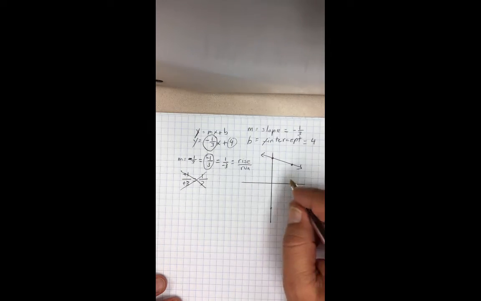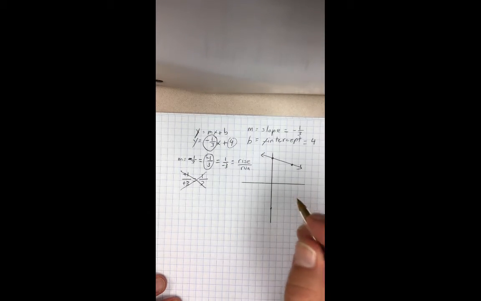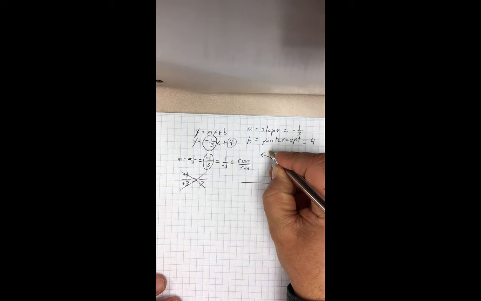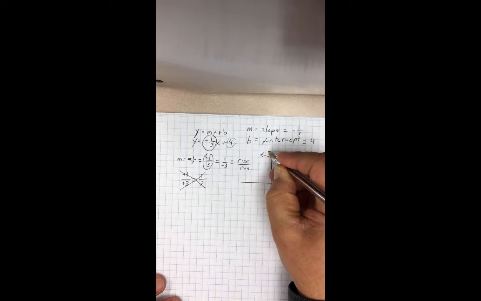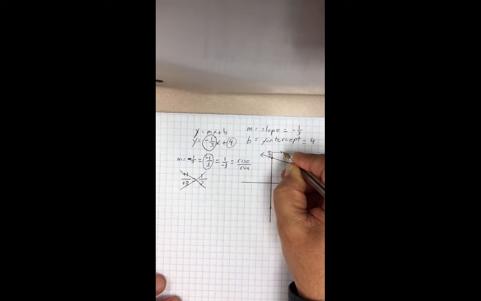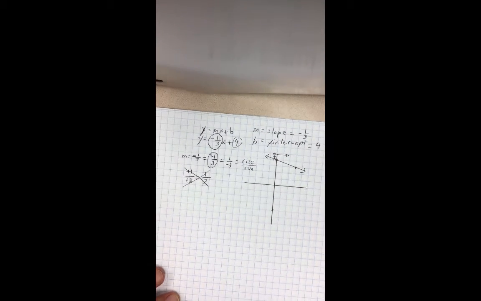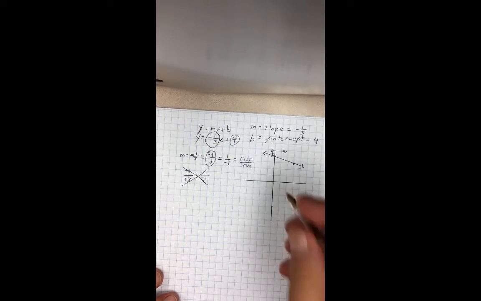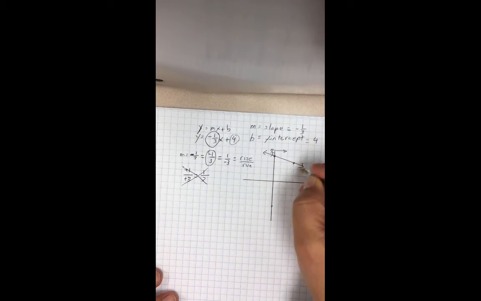When you say a slope is negative or positive, a way to think about it is that you're a person standing on the line and you are looking in the positive x direction, okay? If that slope in the positive x direction is downward from you, then that is a negative slope, okay?